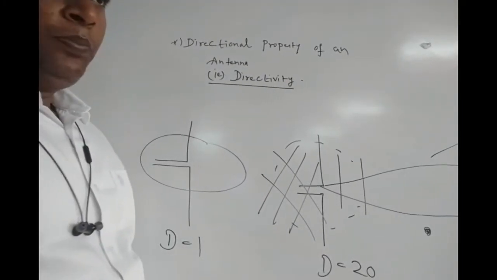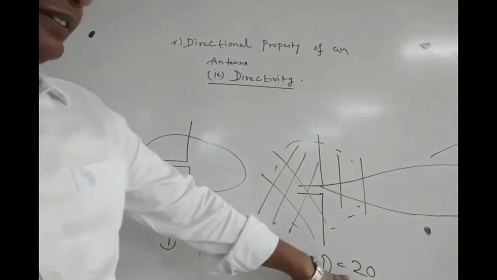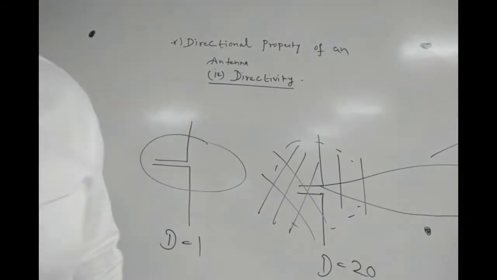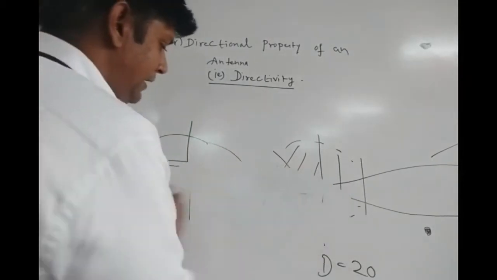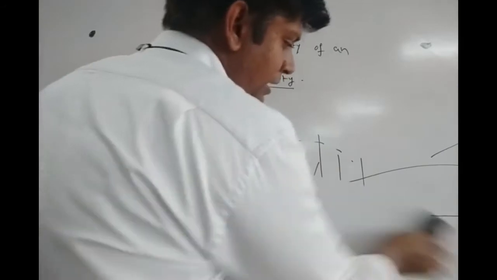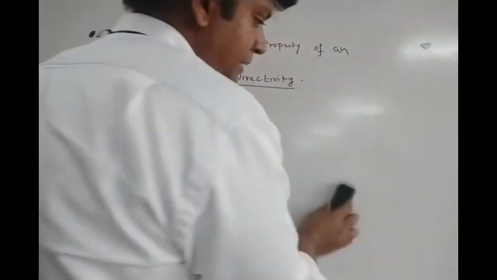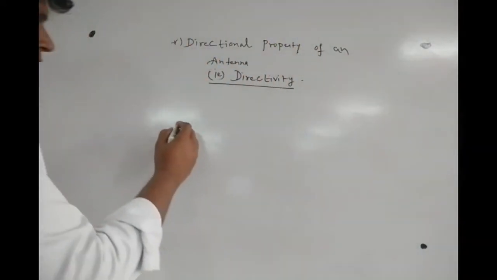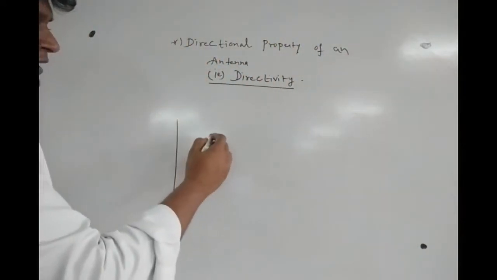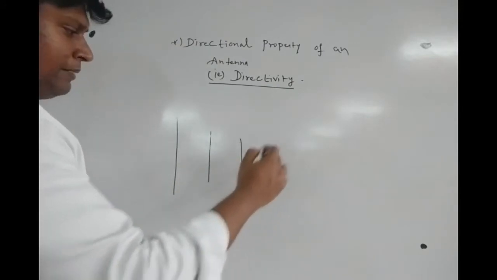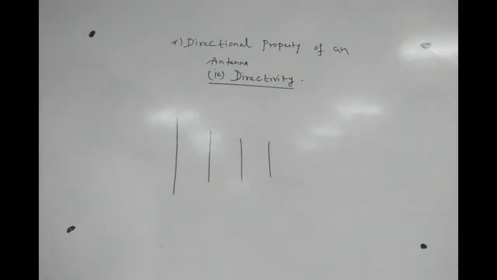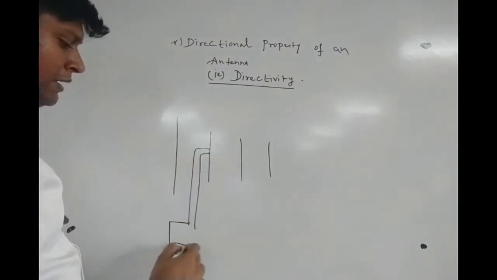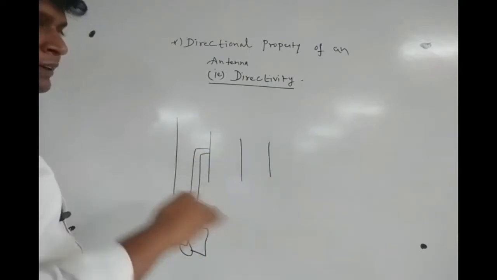One of the popular ways of increasing this directivity is building an array. Instead of putting a single element, why do we move into the concept of array? To improve the directivity. If we stack n number of elements and excite these elements properly, then we can improve the directivity.